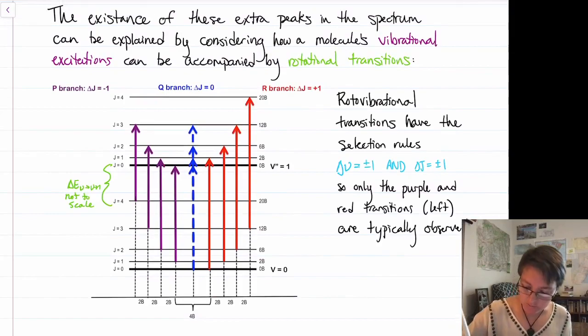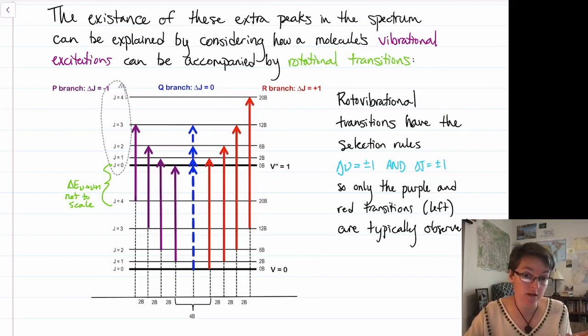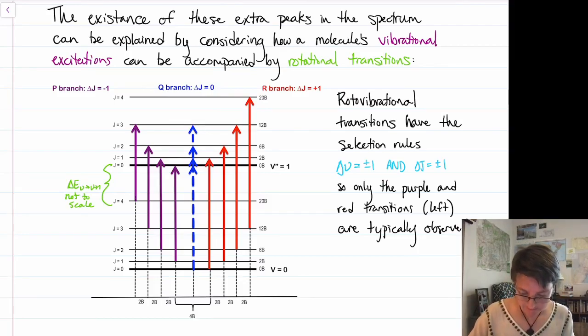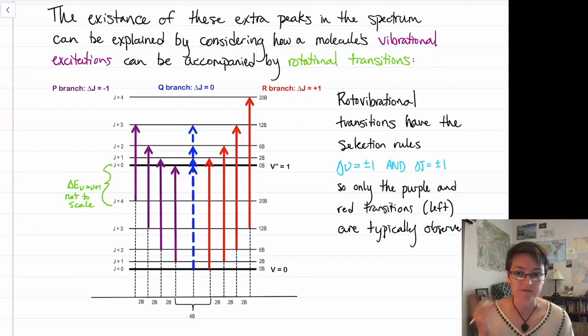But again, we have rotational states that correspond to what the molecule can do in these vibrationally excited states. And to a pretty good approximation, if we want to consider the energy of something in the rotational ground state but the vibrational excited state, we just need to add up the energies of the vibrational plus the rotational. So the tops of our arrows corresponding to the final states of these transitions, once again, are all going to be in this nu equals 1 state and at various energy levels.